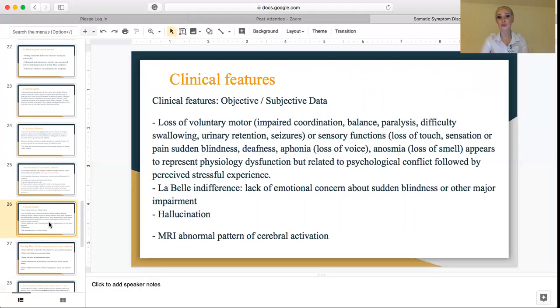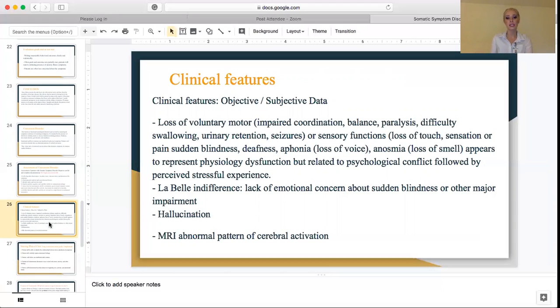Clinical features, which include loss of voluntary motor, impaired coordination, balance, paralysis, difficulty swallowing, urinary retention, seizures, sensory functions, loss of touch, sensation, sudden blindness, deafness, aphonia, which is loss of voice, anosmia, which is loss of smell, appears to represent physiologic dysfunction, but related to psychological conflict, followed by the perceived stressful experience.